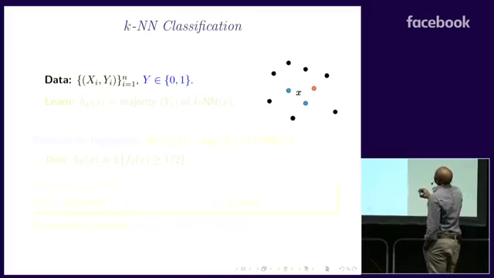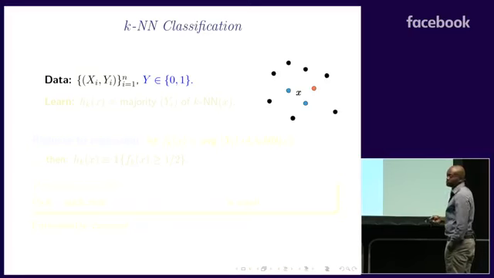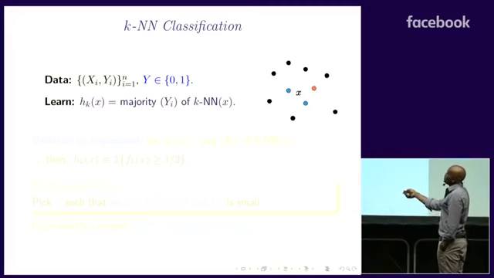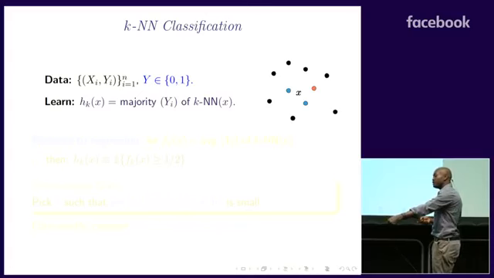Here, in this cartoon, let's say that these are the three nearest neighbors, and these are 1, and this is a 0. Okay? So the nearest neighbor classifier just takes the majority of the labels of the nearest neighbors. It turns out that taking the majority of the labels of the nearest neighbors is equivalent to doing regression first and then thresholding the regression.